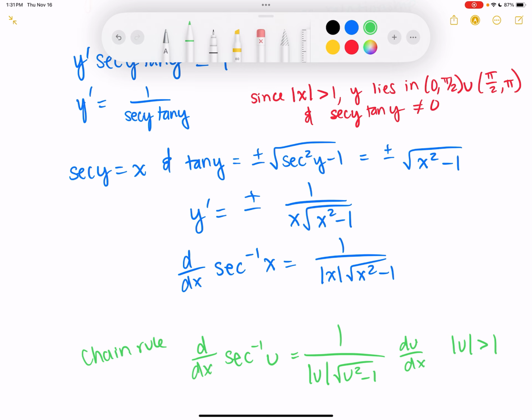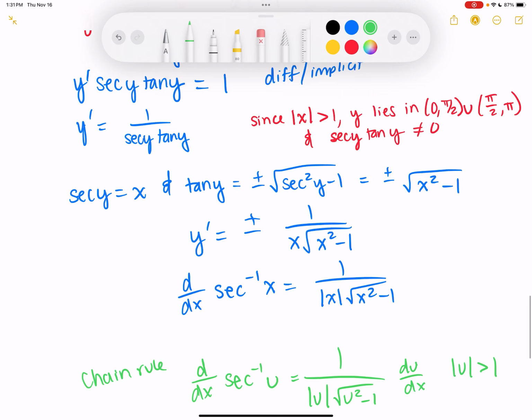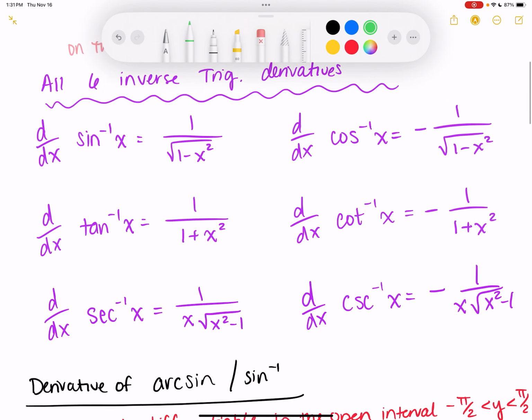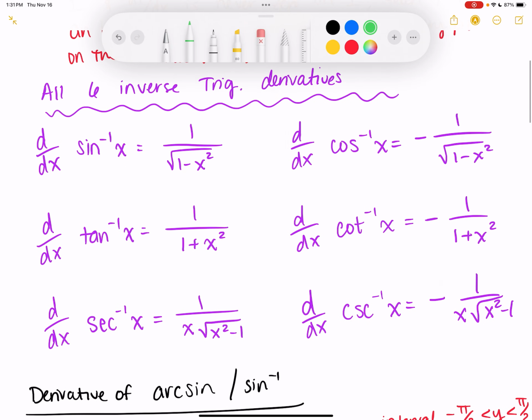I would say to eliminate the confusion, go back and put absolute value bars on the ones that we did up here, just so that there's no issues with you getting signs wrong.